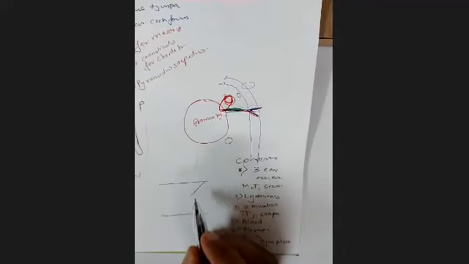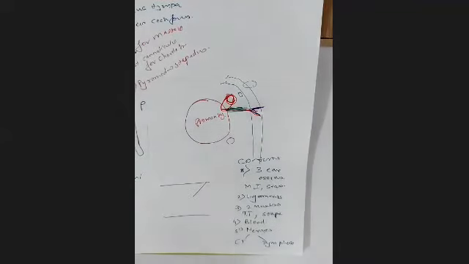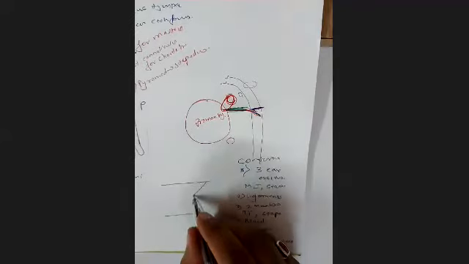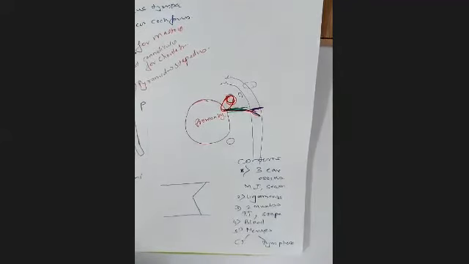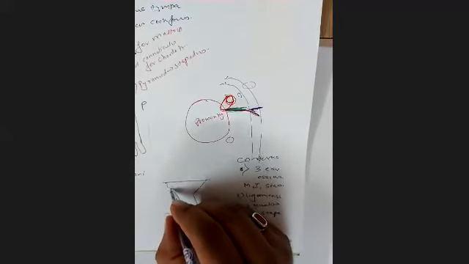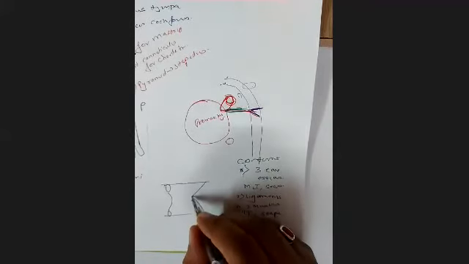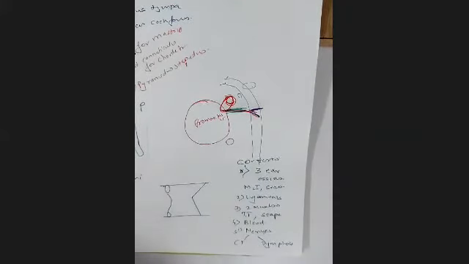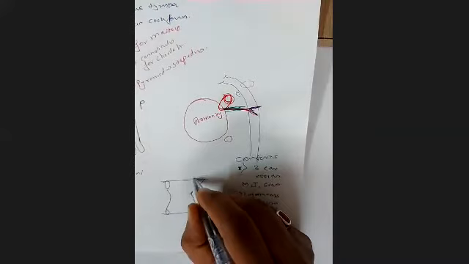So grossly, the tympanic membrane is like this, and then the medial wall, there is this oval window, promontory, round window. So the malleus is like this.